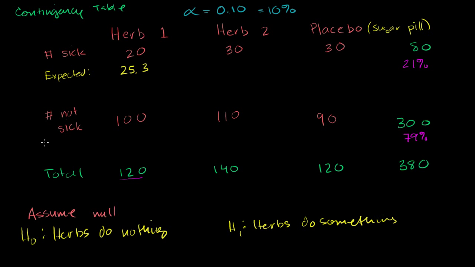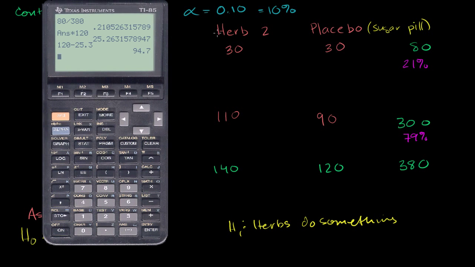Expected again, 94.7 to not get sick. And now let's do that for each of these groups. So once again, group 2, you would have expected 21% of the total people in that group, so that's 140, to get sick. So that's 29.4. And then the remainder, 140 minus 29.4, should not have gotten sick.